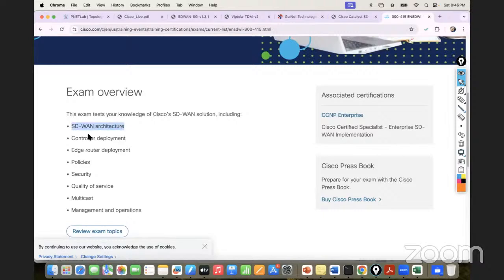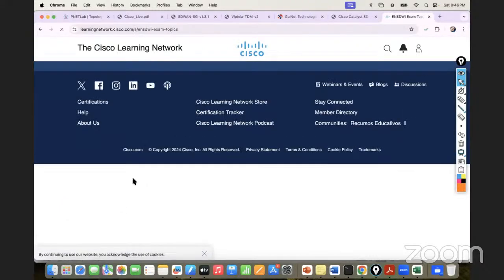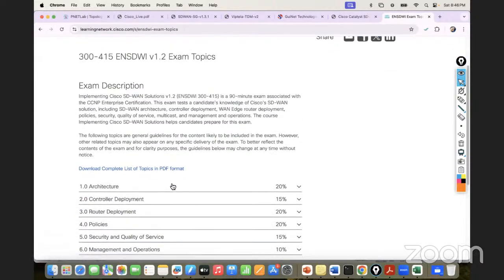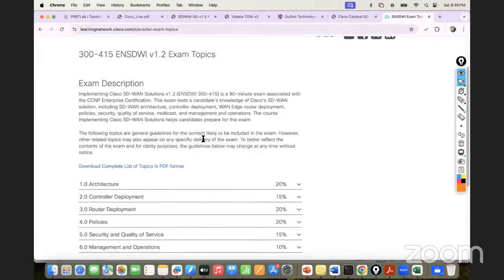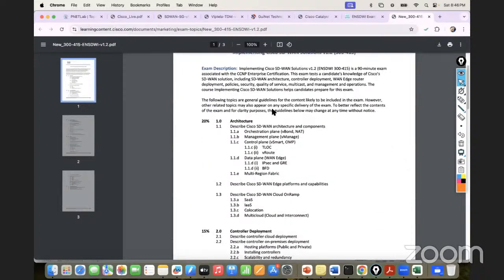The SD-WAN architecture, controller deployment, edge router deployment, policies, security, quality of service, multicasting, and management operations. If I want to review the exam topics for detailed understanding, you can see the entire topic list here. If you want to download this PDF file, you can just download it. When you open that, it opens the complete syllabus of this SD-WAN.